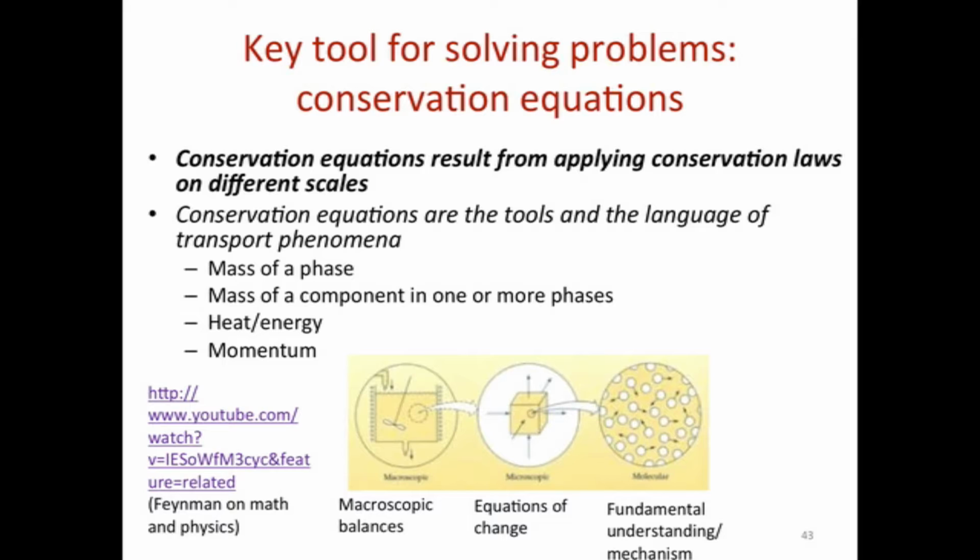You have endpoint pressures, mass in, mass out, you weigh things before and after, that sort of thing. So you typically just know endpoint boundary conditions, and all of the other details you resolve by either theory or simulation. So all of them work together. So conservation equations are basically the tools and the language of transport phenomena.